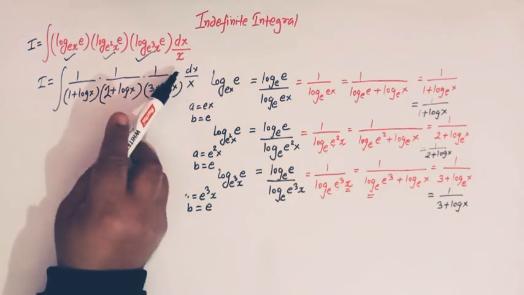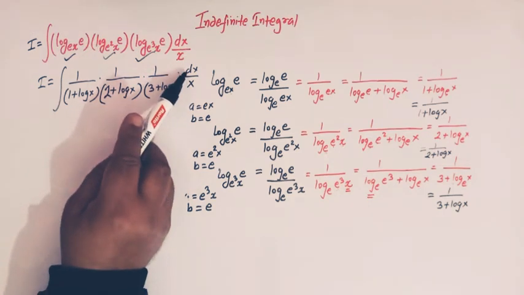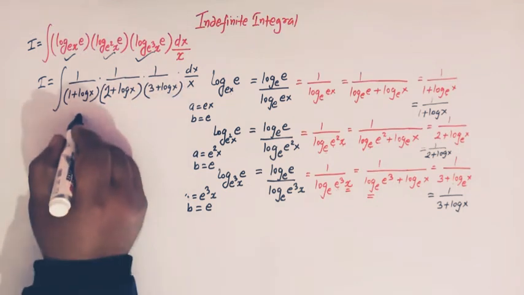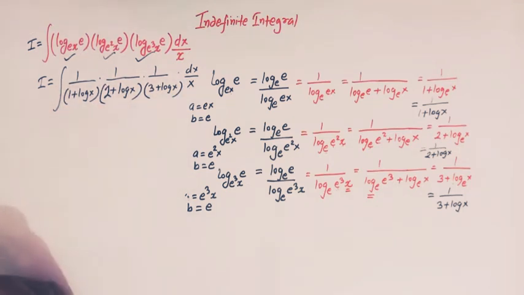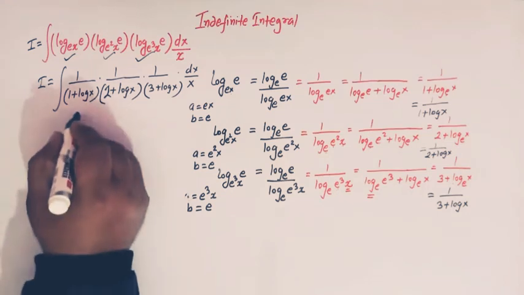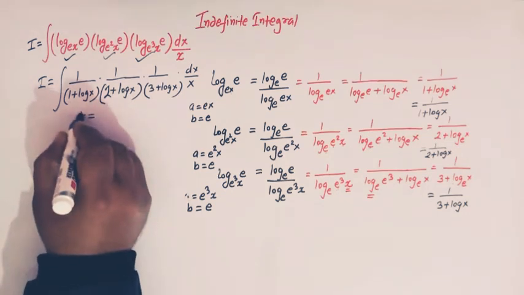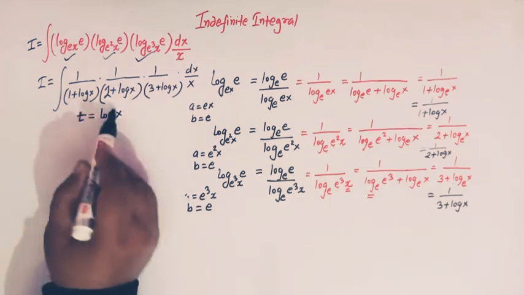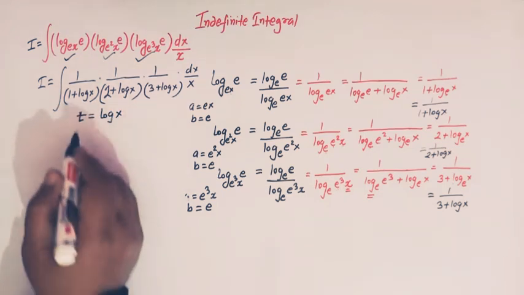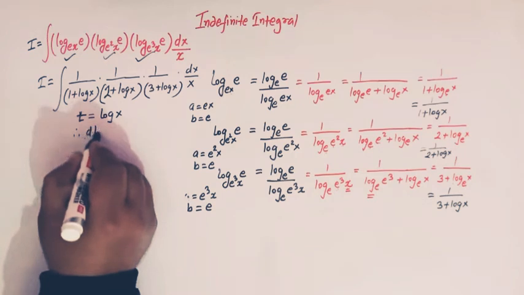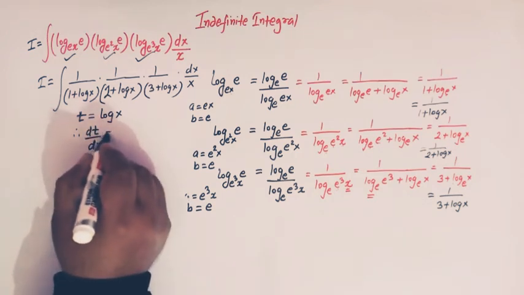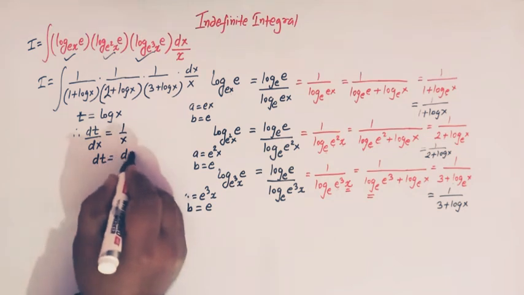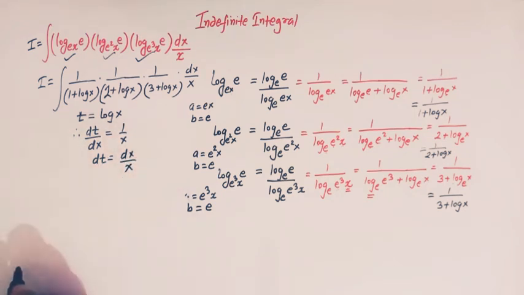Now here we clearly see that we have a term like 1 over x here. So if we make use of the method of substitution, then we can put t is equal to log of x, right? So we'll make the substitution, t is equal to log x. So therefore dt over dx is equal to 1 over x, and dt can be written as dx over x, right?